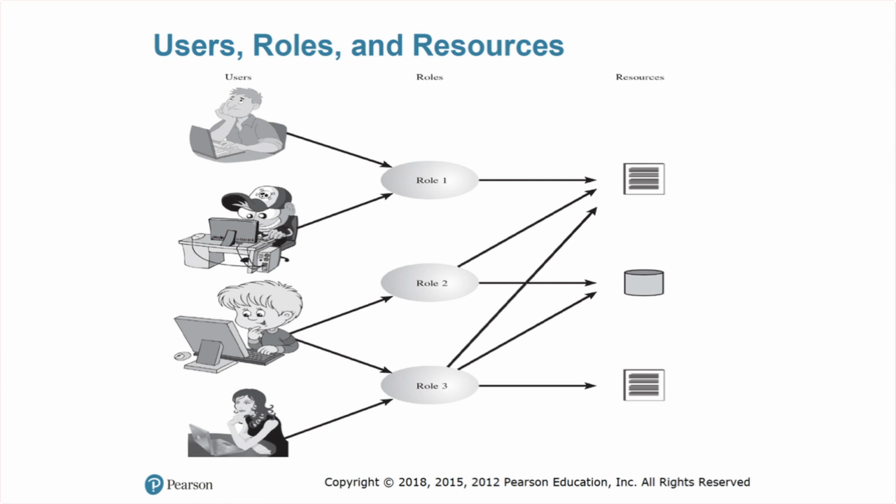But here in this case, since we have the intermediate layer between the subjects and objects, the layer of the roles, this becomes much more streamlined. The management of the access permissions and the quicker adoption to the changes in the roles and so on.